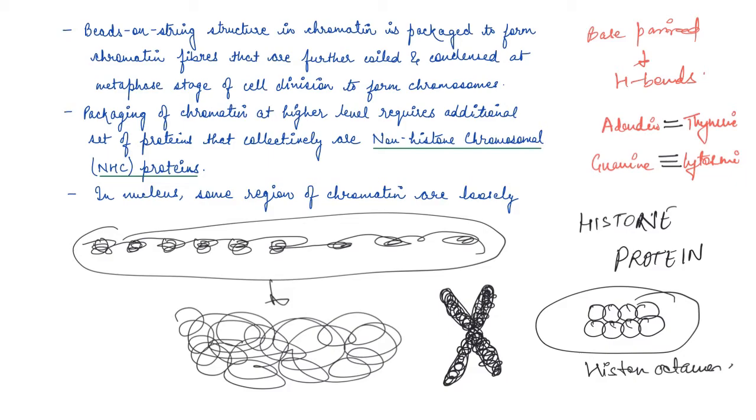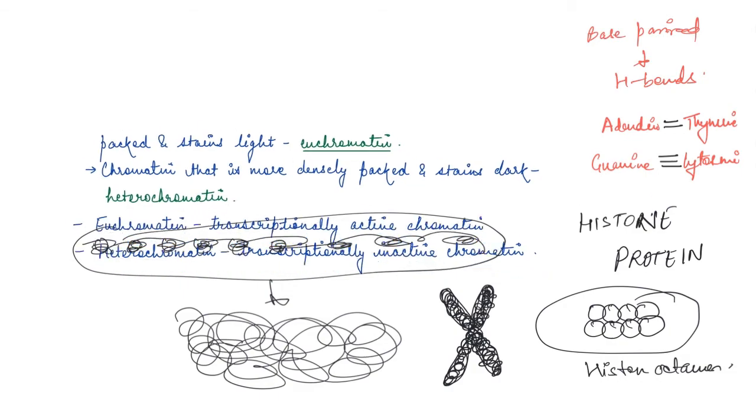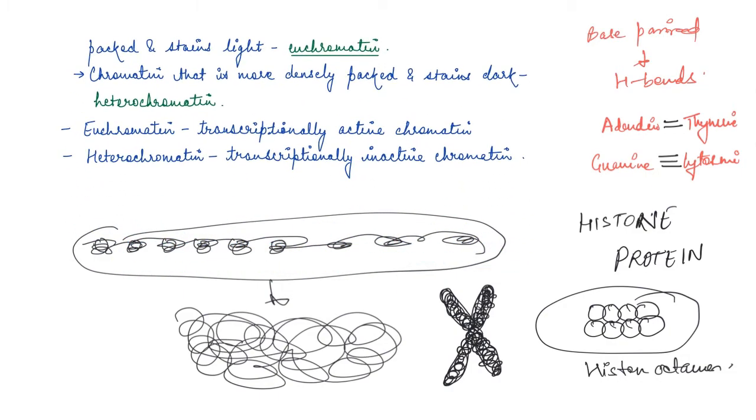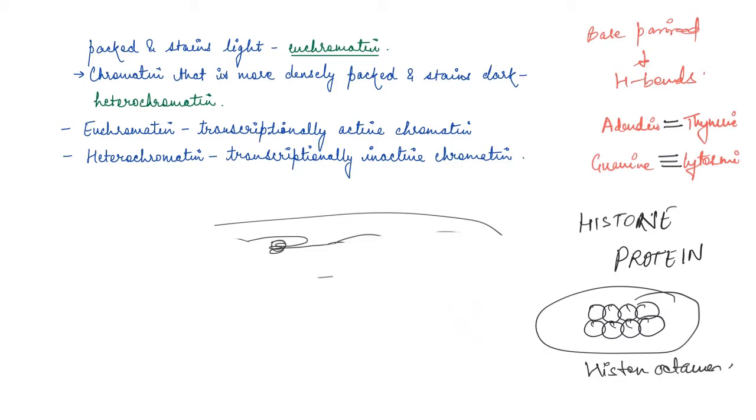Now, in nucleus, there are some regions of chromatin which are loosely packed and stain light. These are known as euchromatin, right? So if they are loosely packed and they stain lightly, they are known as euchromatin. If they are densely packed and they stain dark, they are known as heterochromatin. Now, what is the function of euchromatin and heterochromatin?